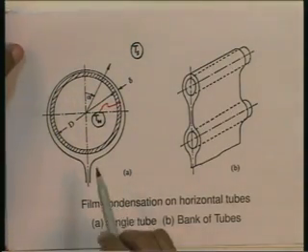Now, the expression which Nusselt obtained for the heat transfer coefficient for condensation on a single horizontal tube was the following.